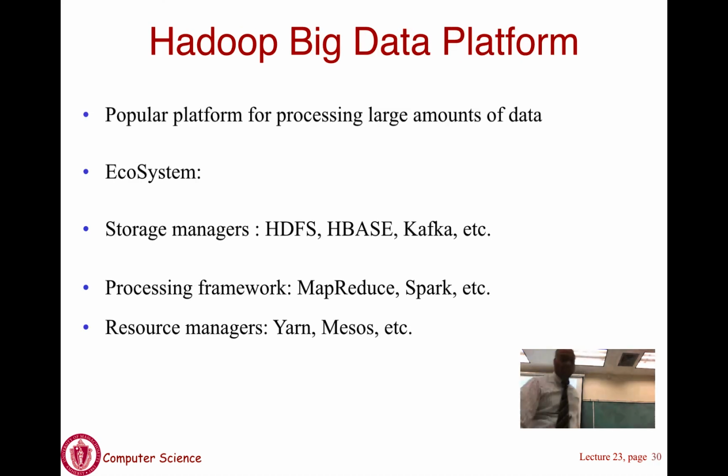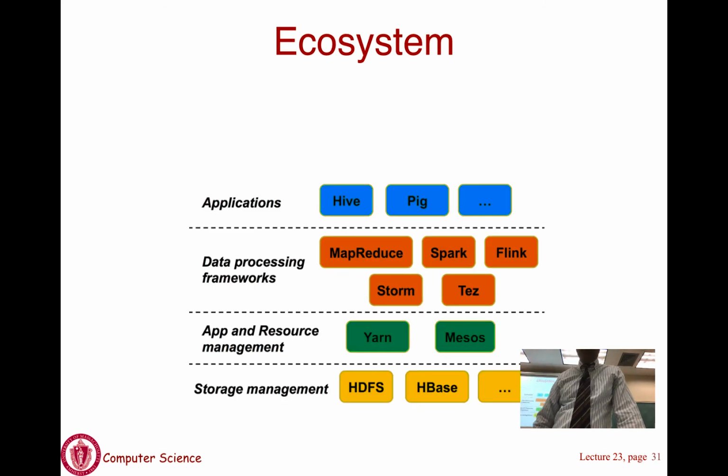All right. Now, if you look at Apache's Hadoop platform, you will see that there are many different pieces, and I'm going to show you a picture of how all of this works. First, there has to be a storage layer where you store these large data sets. Last time we talked about file systems, and about HDFS as one of them. The standard storage layer for Hadoop is HDFS, but you can plug in other file systems.